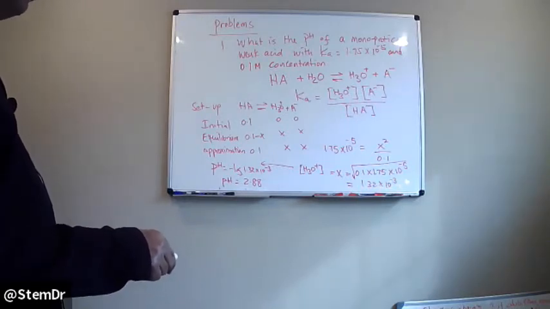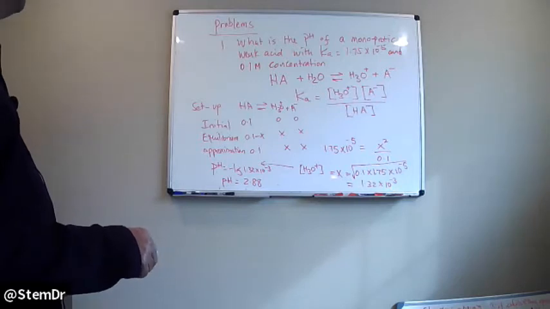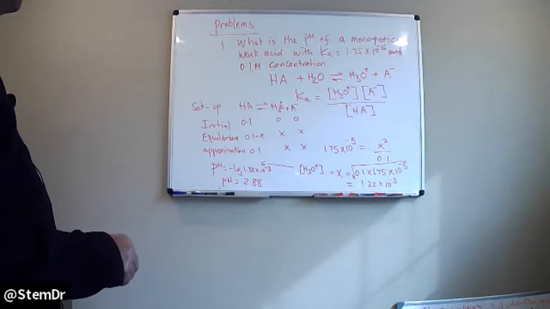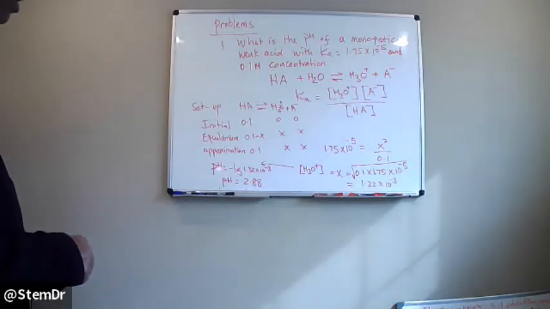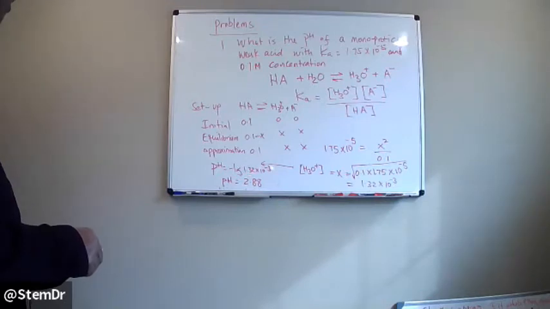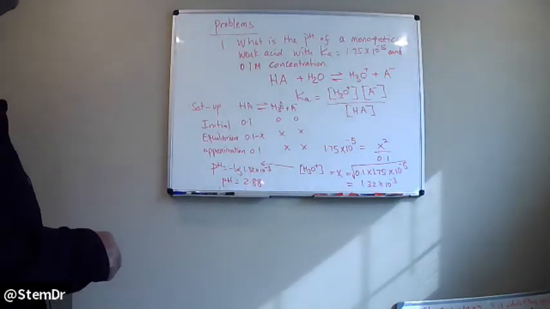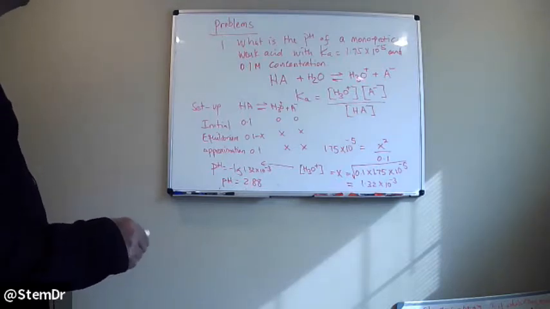Sorry, there should be a molar sign there. Now we have to convert this hydronium ion concentration to a pH. We know that pH equals minus log of the concentration of hydronium ion, minus log of 1.32 times 10 to the minus 3. Therefore, pH becomes 2.88. So this is how you would solve weak acid dissociation if the dissociation constant is given.